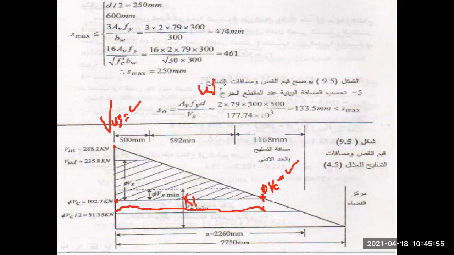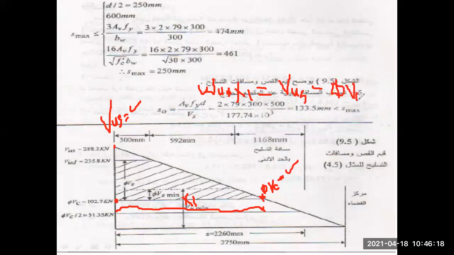We could say W, which is the ultimate load that you have calculated from the dead and live load, after being factored, of course, each one with its own factor, times X1, and then you equate it to the difference of Vus minus Vc, okay?